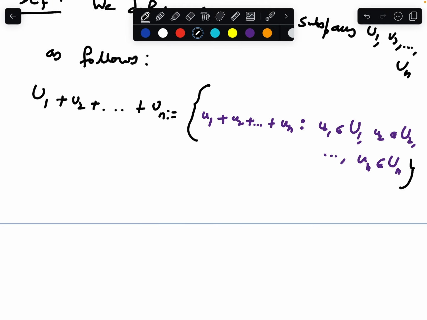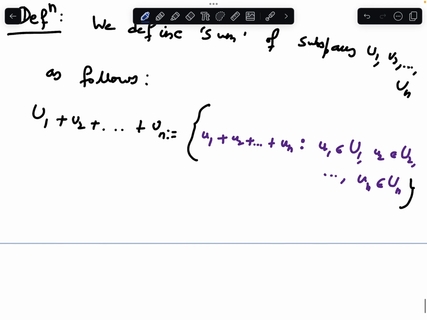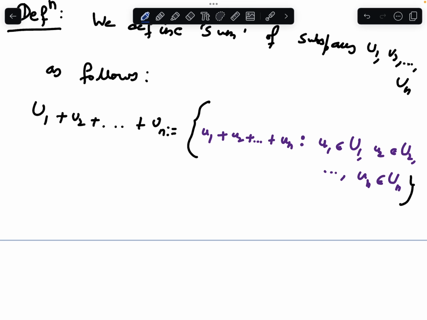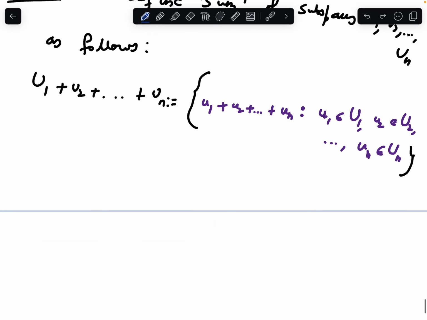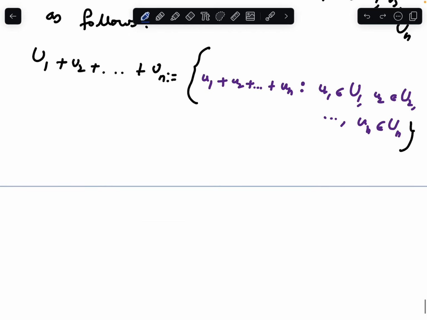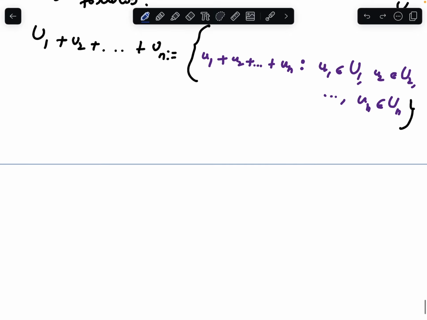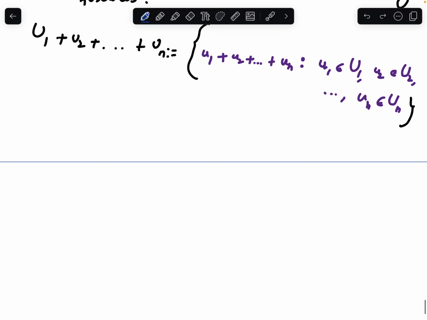Okay. Now, why did I define this? Is this going to give us a vector space? Is this a subspace? Let's see. But before that, let's take an example to understand it more.